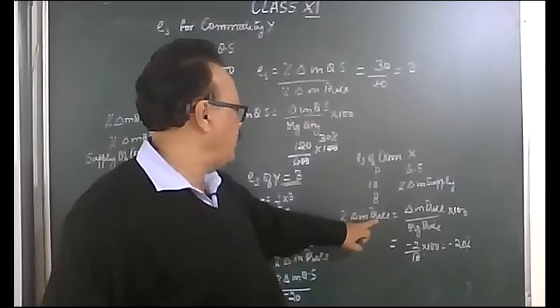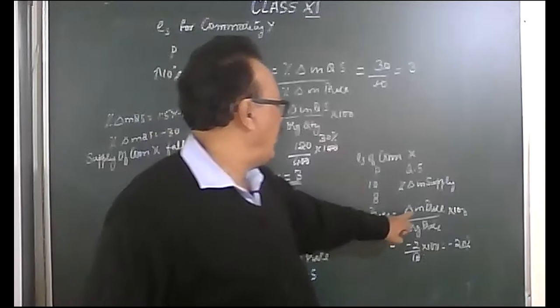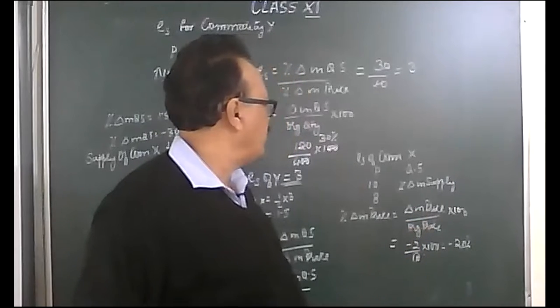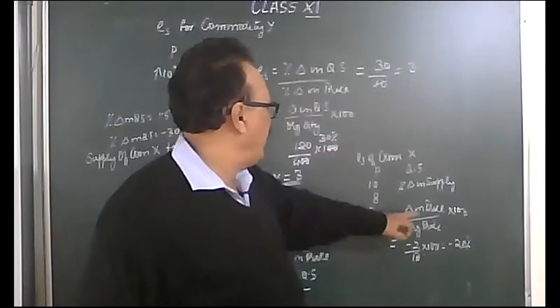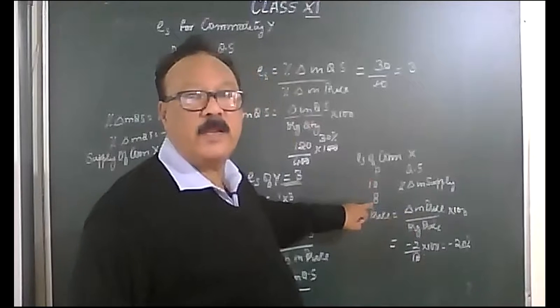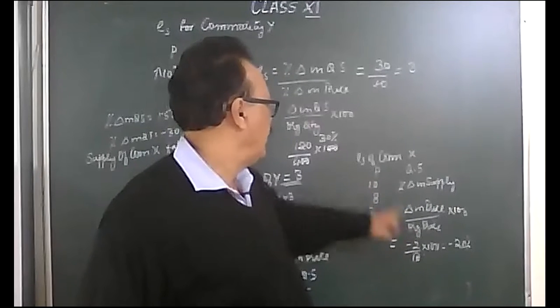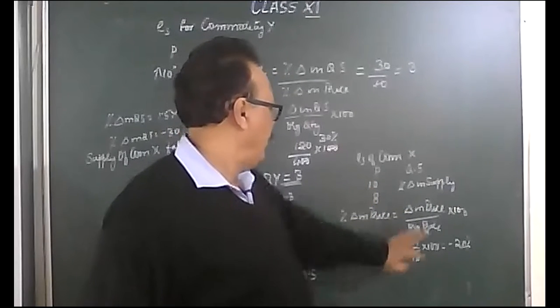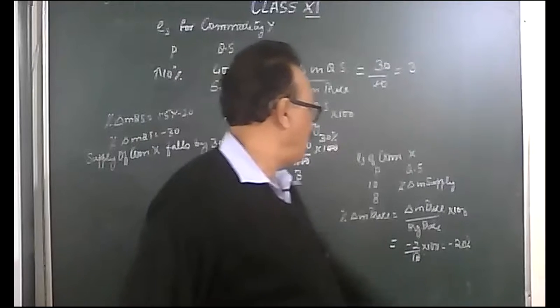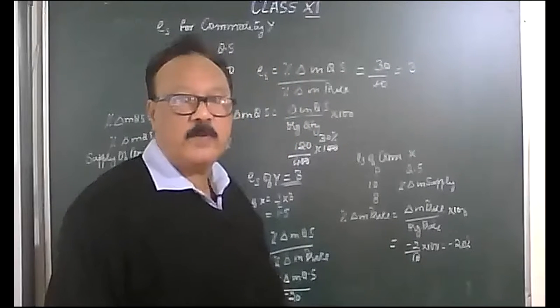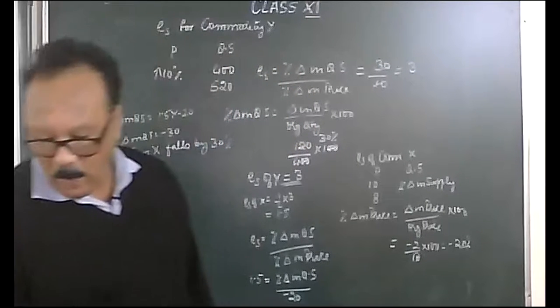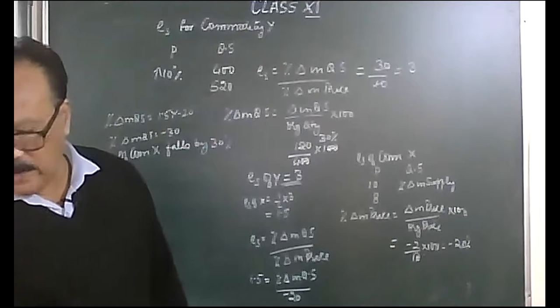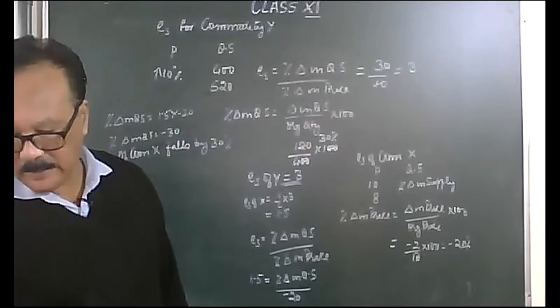Percentage change in price is change in price upon original price into 100. Change in price from 10 to 8 is minus 2. Original price is 10 into 100. We get minus 20%. Minus 20% means price falls by 20%.